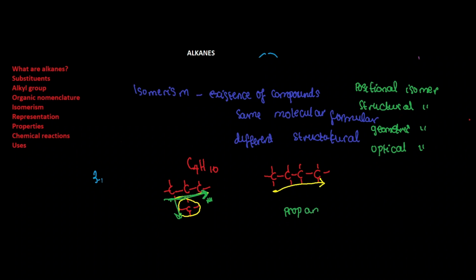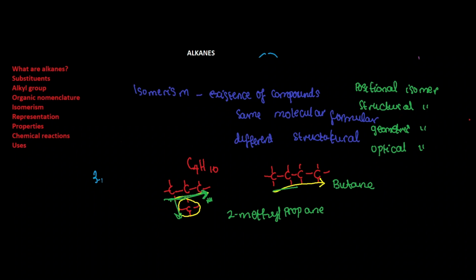Since there are 3 carbons, we would have the prefix to be prop and the root name to be ane, and our substituent here is methyl, and it is positioned at the 2nd carbon, so we would have 2-methyl propane. And if we are to name this, it is simply going to have the name butane. Now, although these are two different compounds, they actually have the same molecular formula.